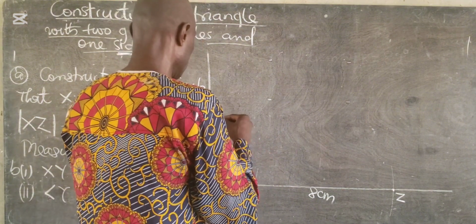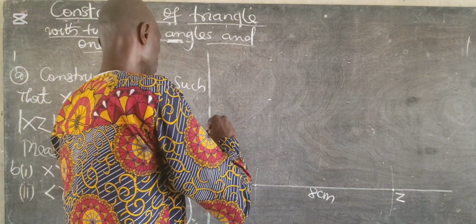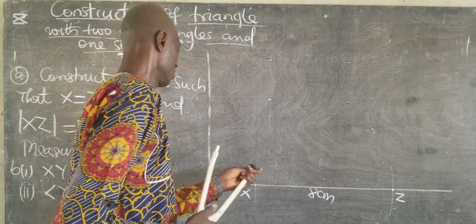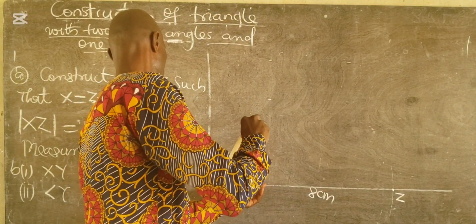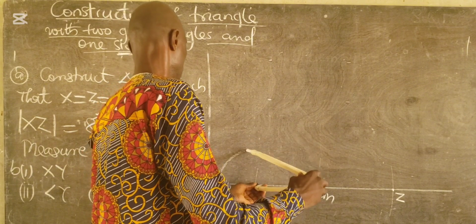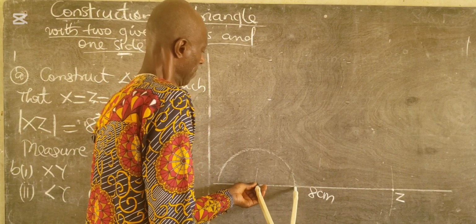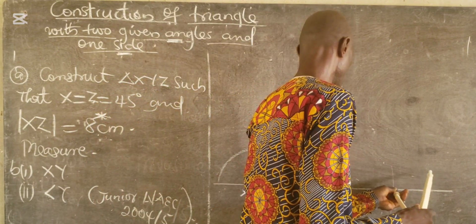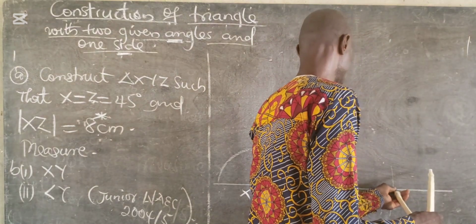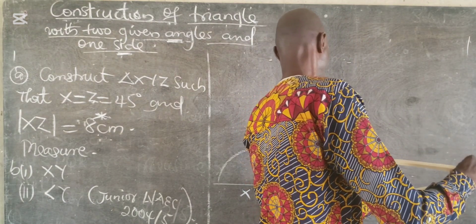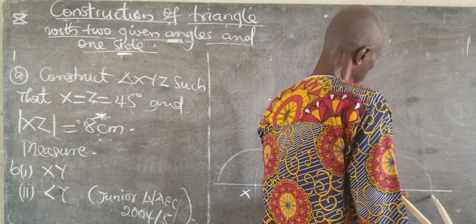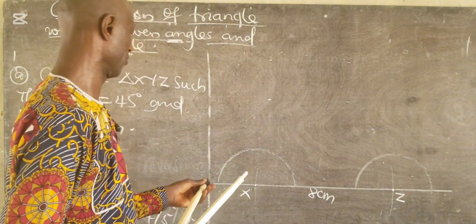Put it on Z and draw a semicircle. So put it on X and Z simultaneously.